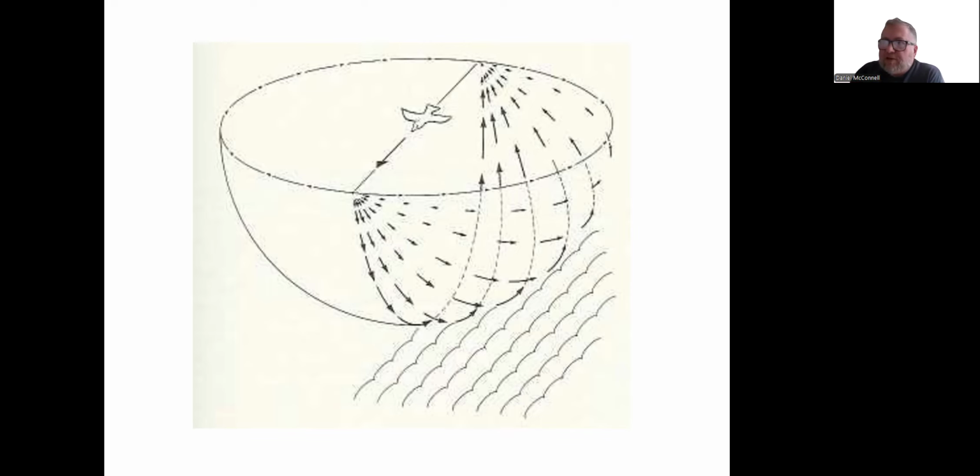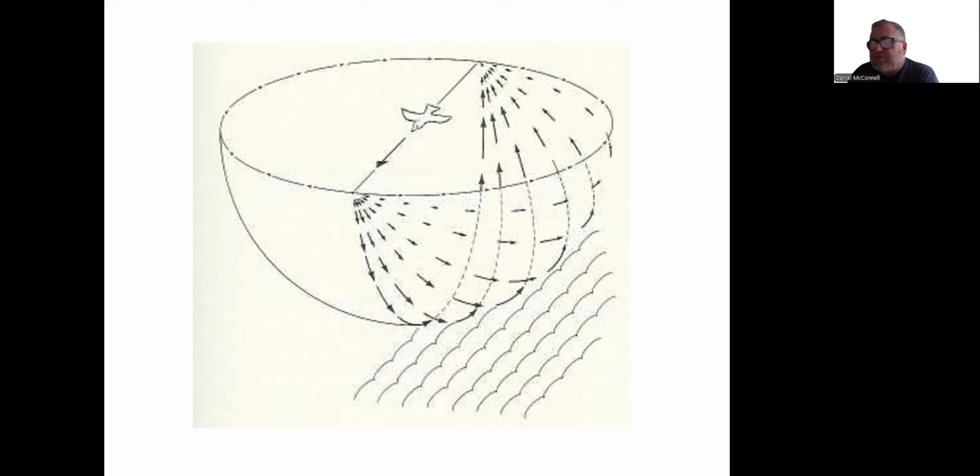The length of those arrows corresponds to the rate of optic flow, that is the speed, right? So things that are closer have a higher optical velocity and therefore have longer vectors. All of those vectors are radiating outward from a central flow point, a focal point, and that would correspond to the bird's heading, which is that large arrow right in front of the bird, right? It tells the bird where it's flying.